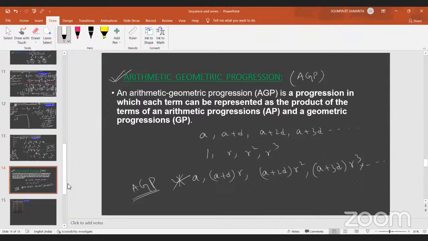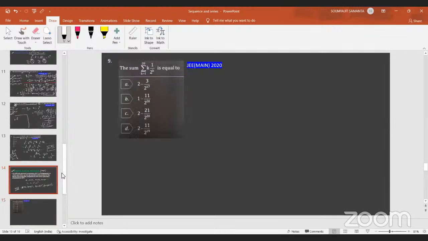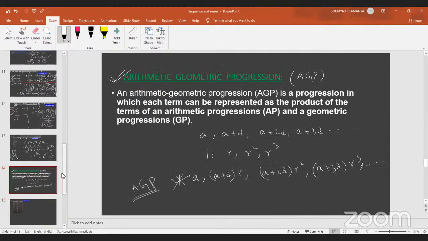Many questions are asked. Sir, can you say once more? Yes. See, let me give you one example, then that will be clearer. It is written AGP is a progression in which each term can be represented as the product of the terms of an arithmetic progression and a geometric progression.